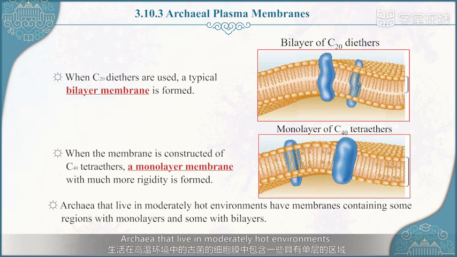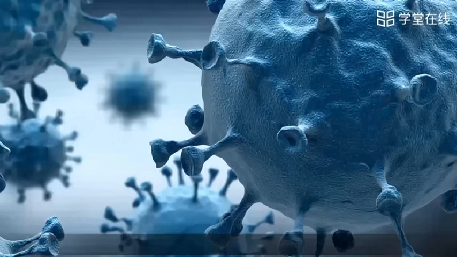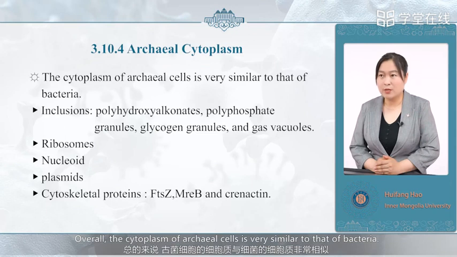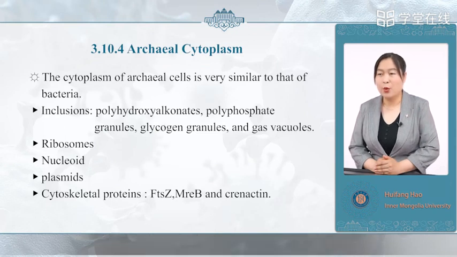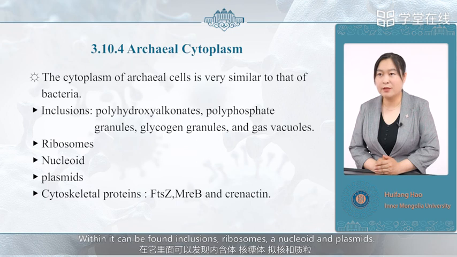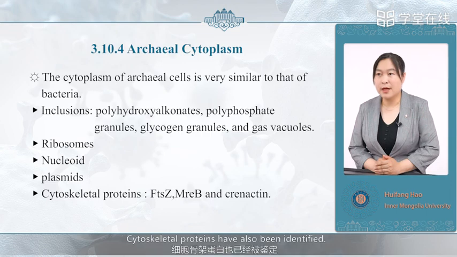Archaea that live in moderately hot environments have membranes containing some regions with monolayers and some with bilayers. Overall, the cytoplasm of archaea cells is very similar to that of bacteria. Within it can be found inclusions, ribosomes, a nucleoid, and plasmids. Cytoskeletal proteins have also been identified.